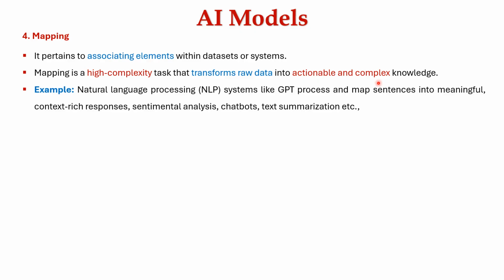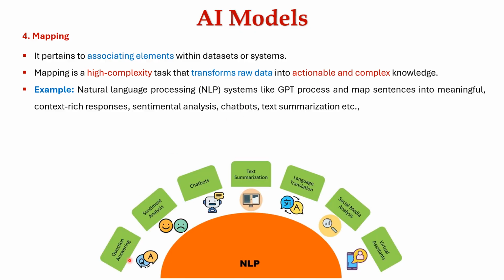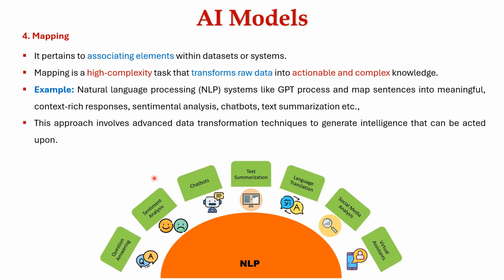Here, the example considered is natural language processing systems like GPT, which process question answering, sentiment analysis, chatbot, text summarization, language translation, social media analysis, and virtual assistant, and so on. So this approach involves advanced data transformation techniques to generate intelligence that can be acted upon. And hope you are clear on AI models.